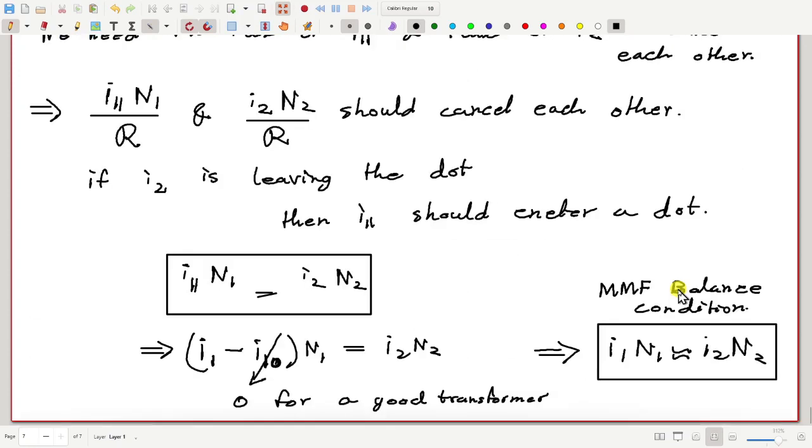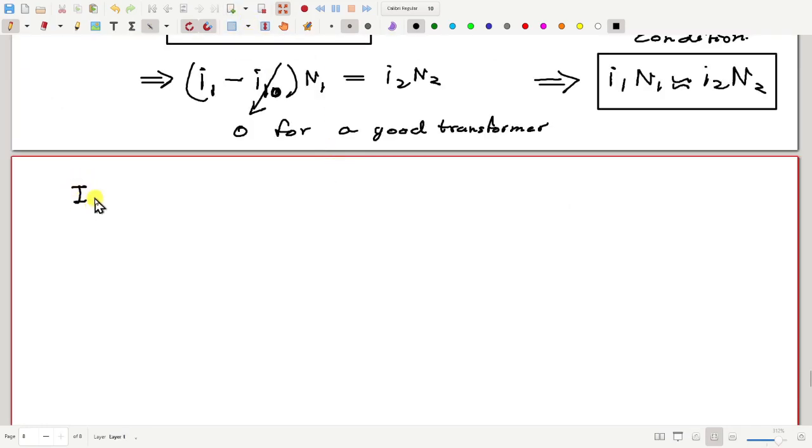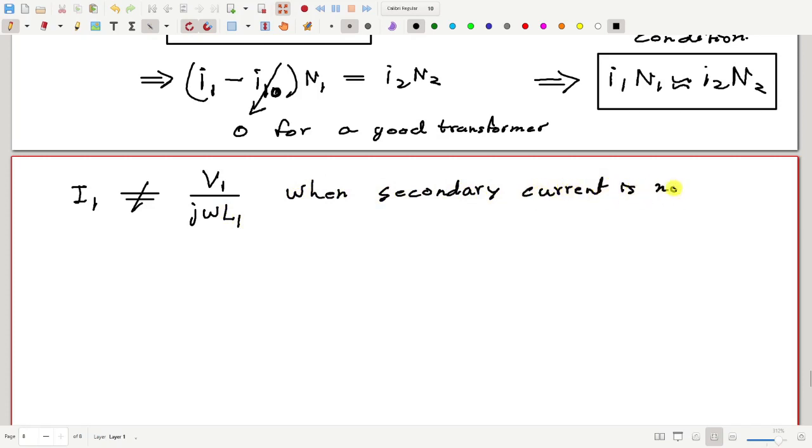See, the thing is that I1 is not equal to V1 by j omega L1 when the secondary current is non-zero. I1 will be V1 by j omega L1 only when the secondary current is 0.